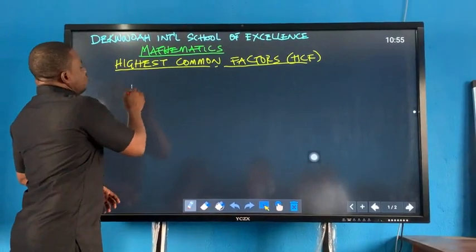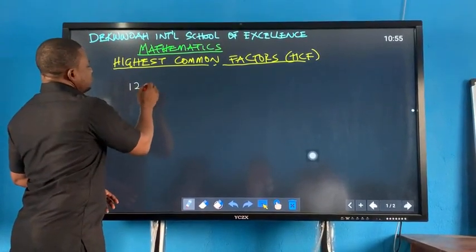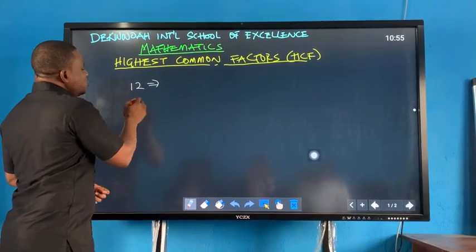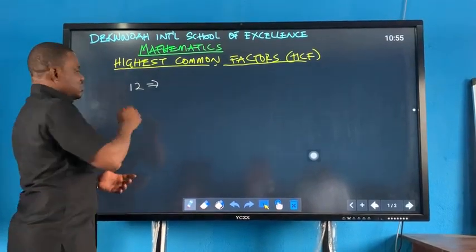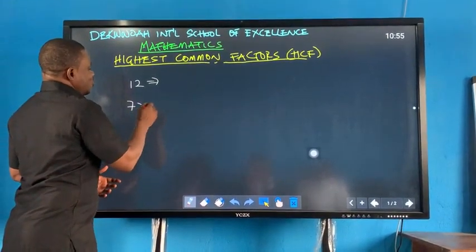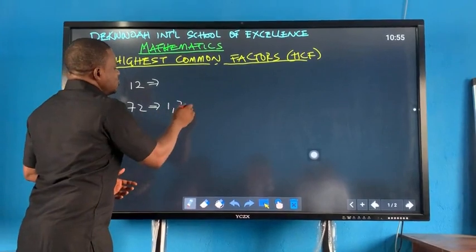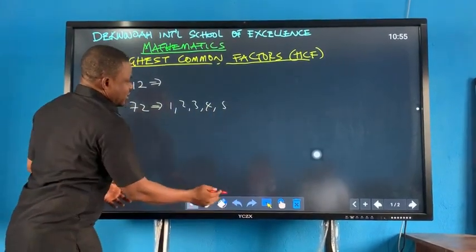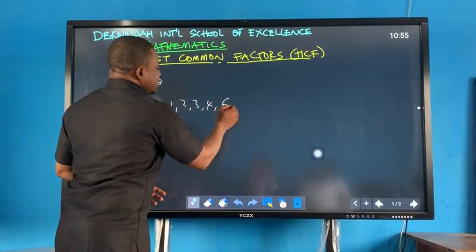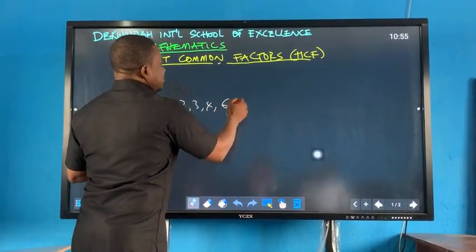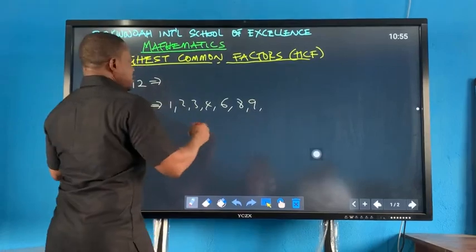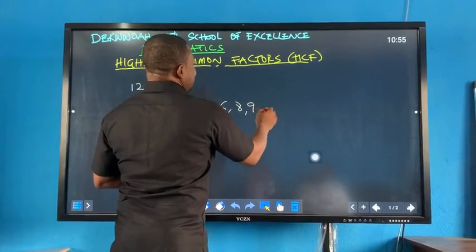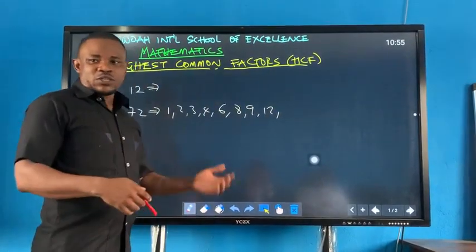So if I give you 12, then what if I ask you to give the factors of a number as large as 72? If you try to do this 1, 2, 3, 4, 5, no, 5 cannot divide, then 6, 7 cannot divide, 8 can divide, 9, 10 cannot divide, 11 cannot divide, 12, 13, you waste your whole time, right?